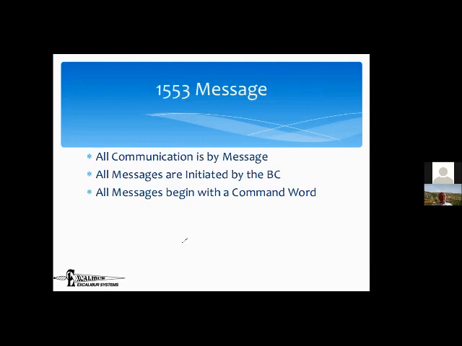Okay, now the 1553 message is the way data is communicated at any given time. A message will take somewhere between 20 and about 700 microseconds. And if you look on the bus, that's what you see: message followed by message followed by message. Each message might be to a different RT.